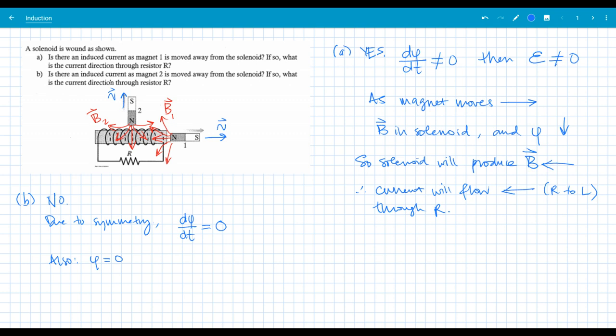Those curved field lines will always have an opposite pair on the other side, so when I sum up all the flux, it sums to 0. But the important part is not that the flux is 0; it's that the change is 0 when it comes to Faraday's law. So as long as the magnet remains on a vertical path, we will not have any current induced in the coil.